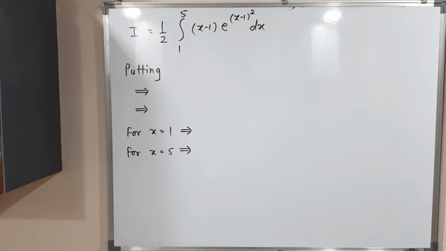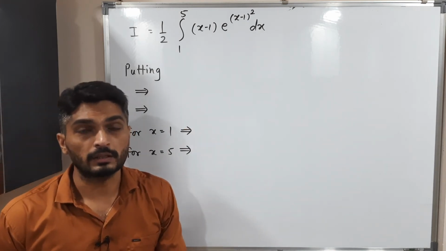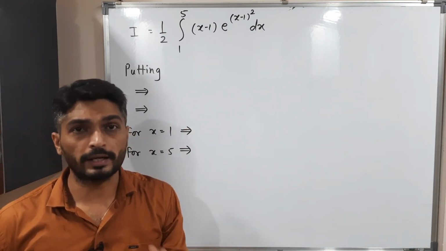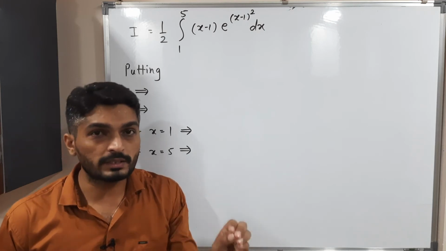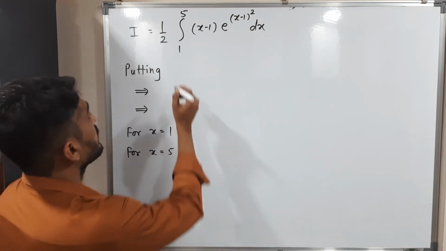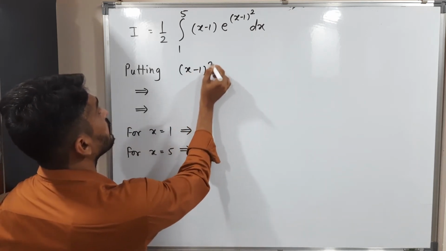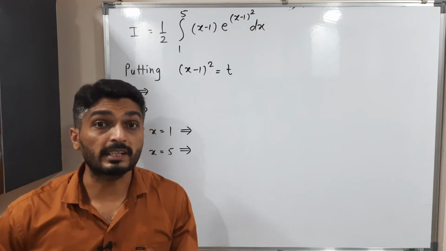In this integral we have x minus 1 e raised to x minus 1 square. It is complicated to solve directly. So what will I do? I will use substitution. Normally we put such a thing whose derivative is easily available. So I am putting x minus 1 square is equal to t. Its derivative is, you know, the derivative of x square is 2x.